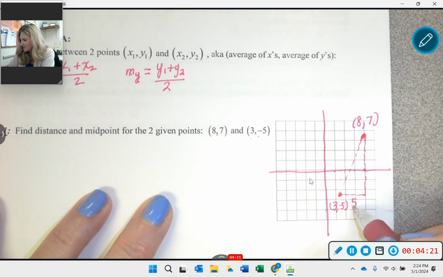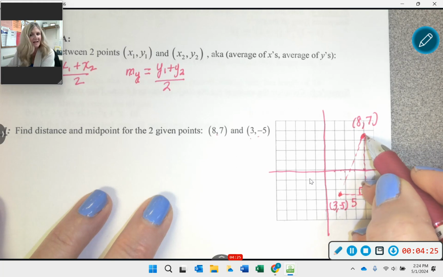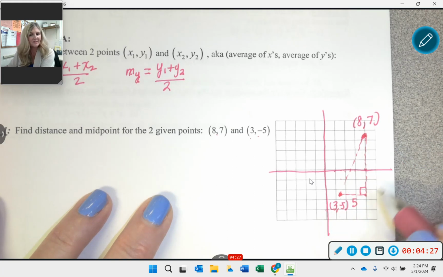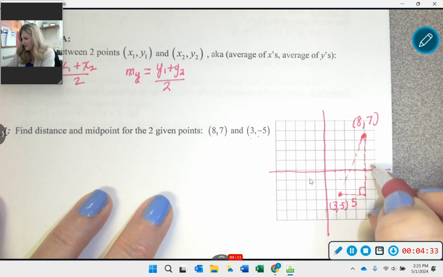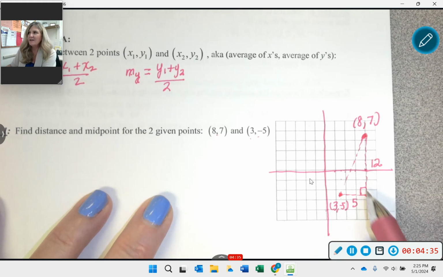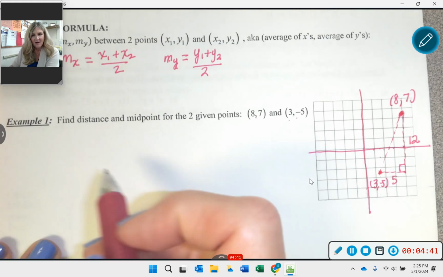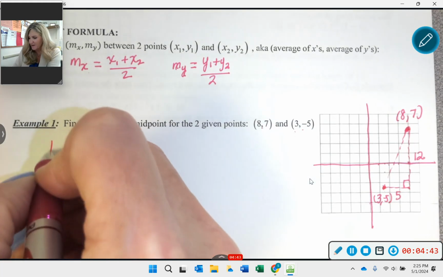I'm creating a right triangle right here. How far is it from negative 5 up to 7? 12, okay? Anybody know what the hypotenuse would have to be here? 5, 12, 13, yeah.